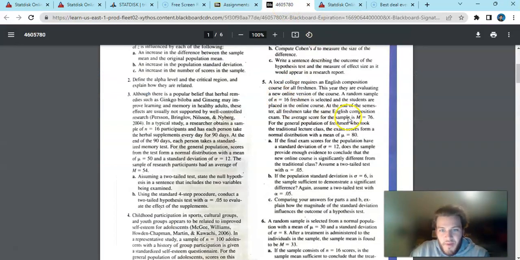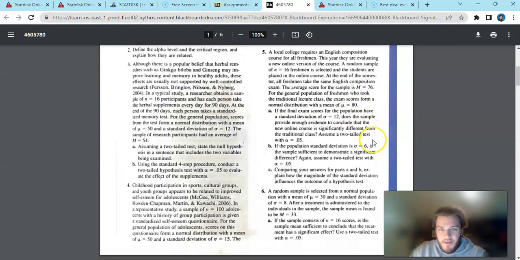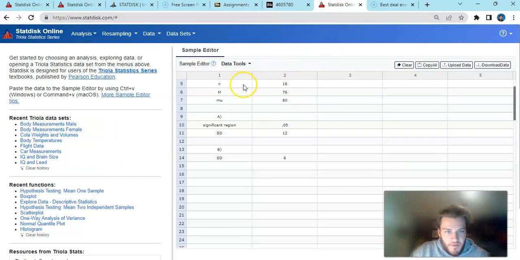Going back to part A: if final exam scores for the population have a standard deviation of 12, does the sample provide enough evidence to conclude that the new online course is significantly different from the traditional class? We're going to use a significance of 0.05. So our significance level is 0.05 and the standard deviation is 12.